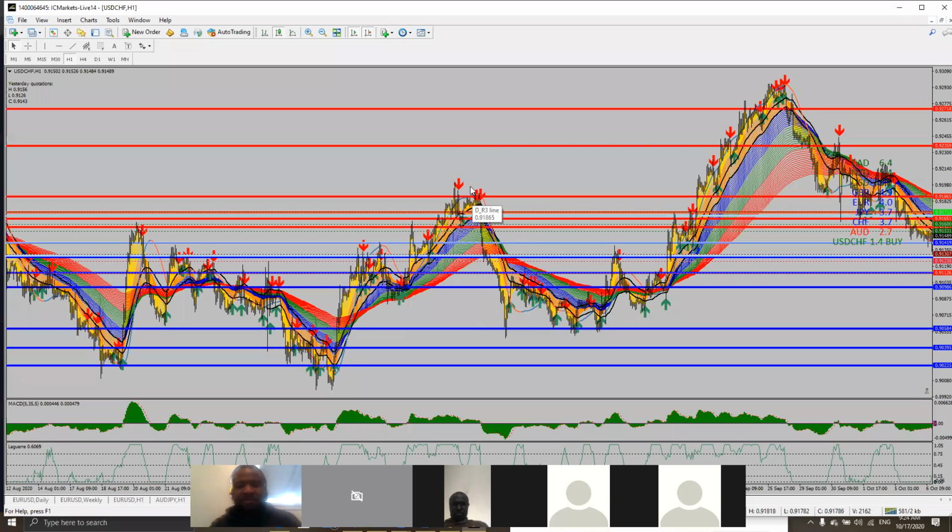When we created that particular high and price comes down over here, I'm looking at all this breakdown as a fake breakout. And the reason why this is a fake breakout is because the green is still above the red. So I'll still be looking at it as a fake breakout until it tells me otherwise.